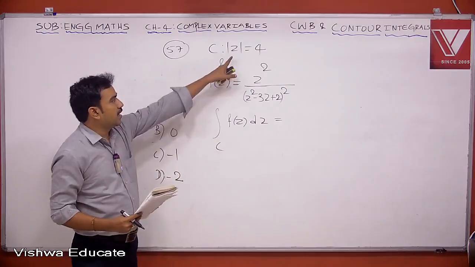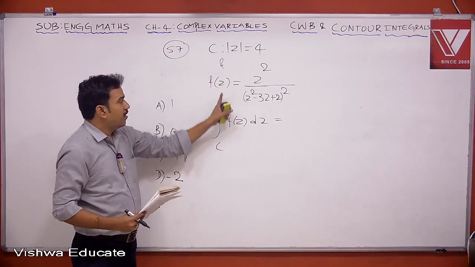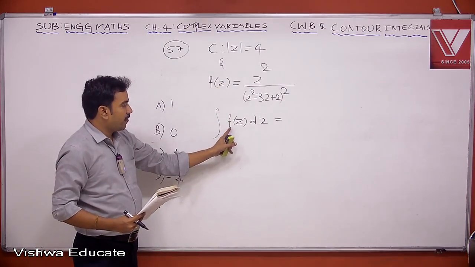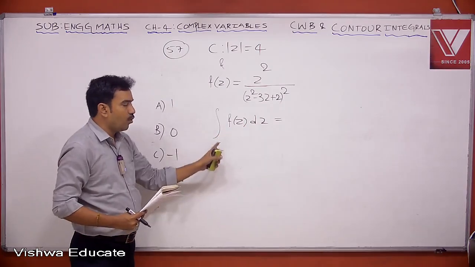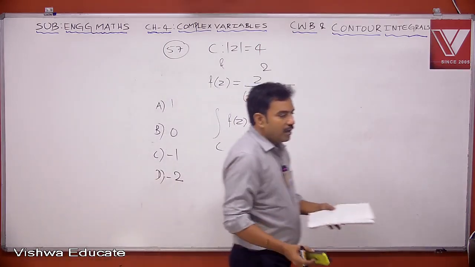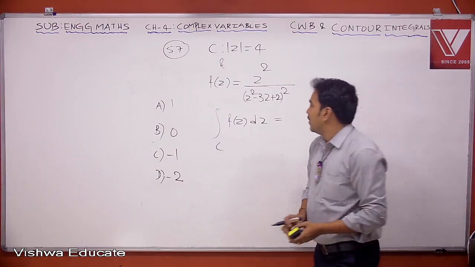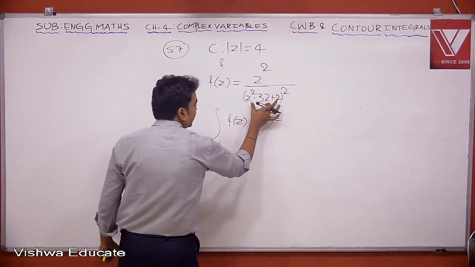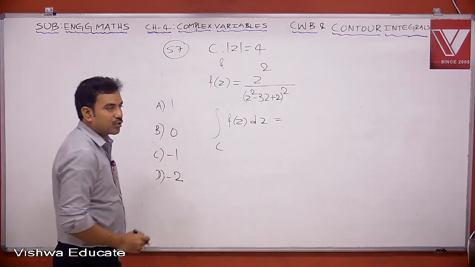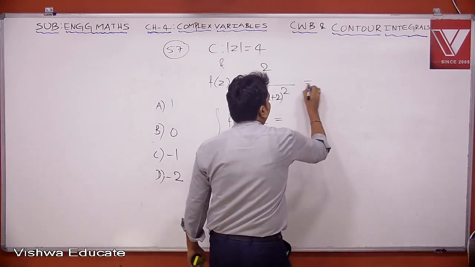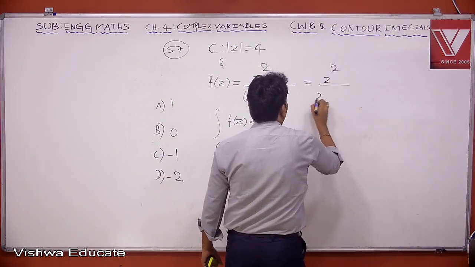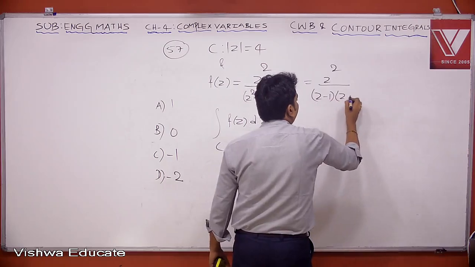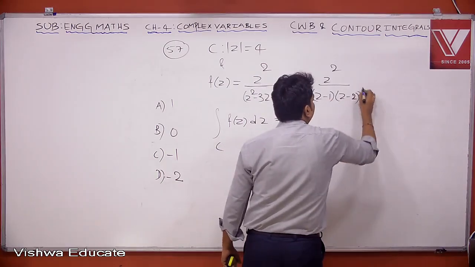So C is a circle defined by mod z equal to 4 and f of z is this. We need to find the integral of f of z dz over C. Now when you look at this, the denominator of f of z is (z square minus 3z plus 2) whole square. This I can write as z square by (z minus 1) into (z minus 2) whole square.